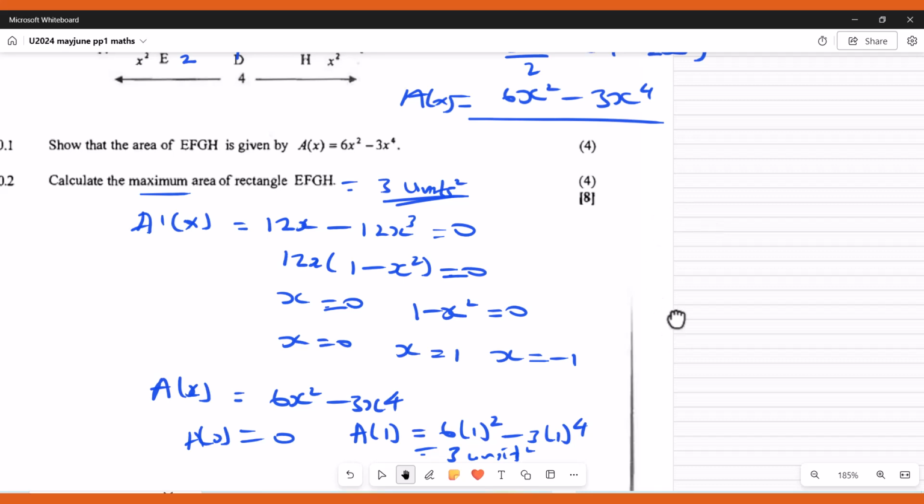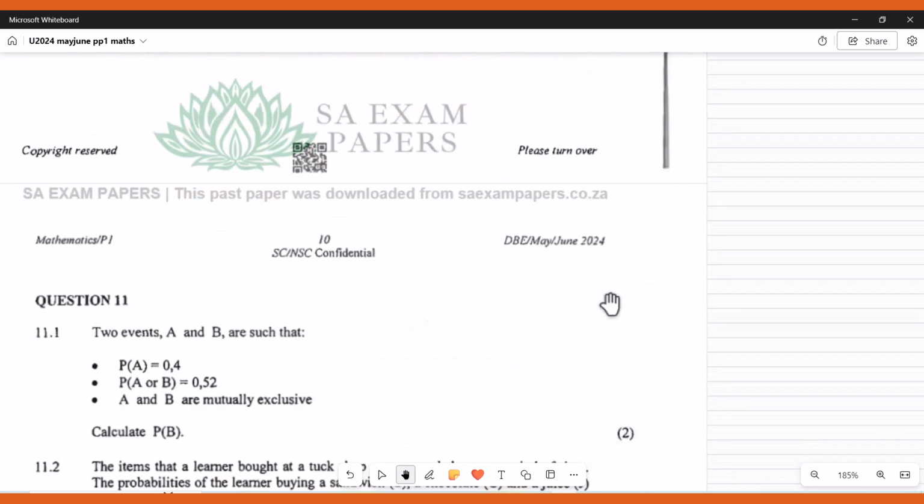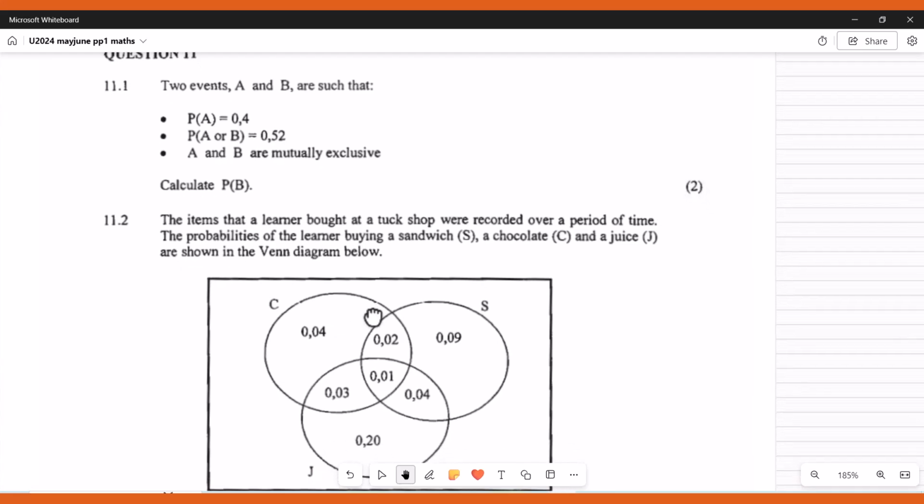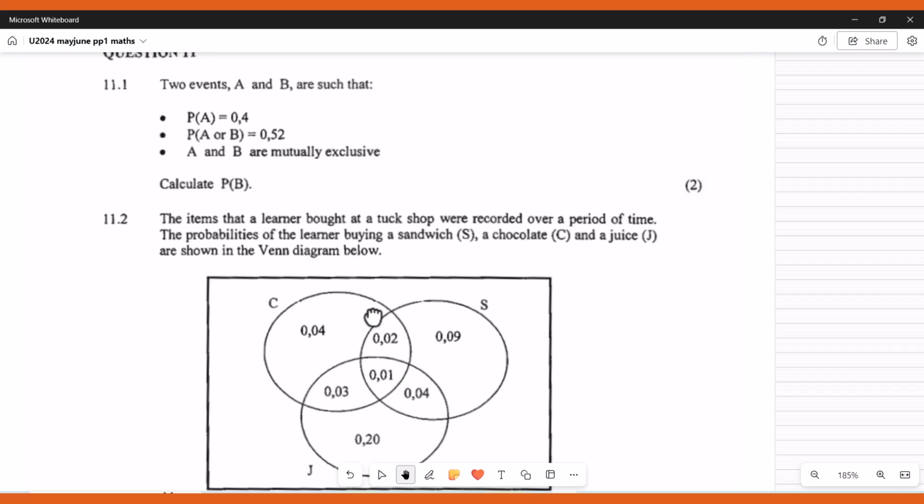Our last question for this paper, 2024 May June. They said that two events A and B are such that probability of A is 0.4, A or B is 0.52, and A and B are mutually exclusive. Find the probability of B. What do we know about events which are mutually exclusive? Their intersection is 0.